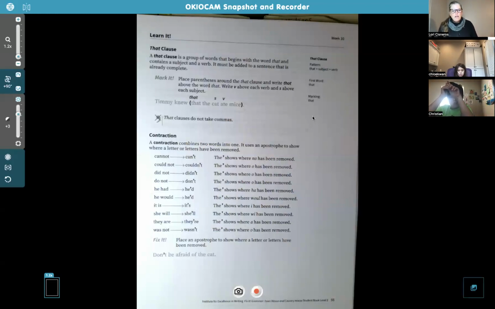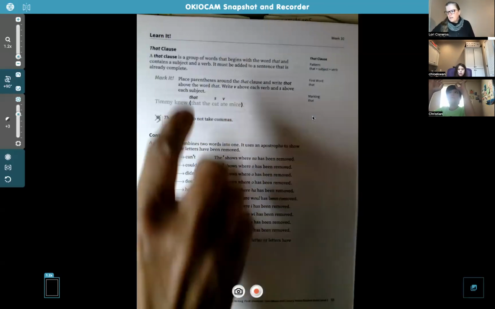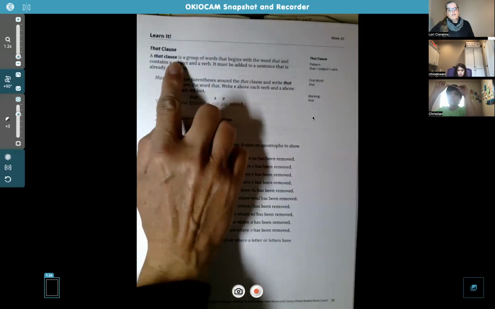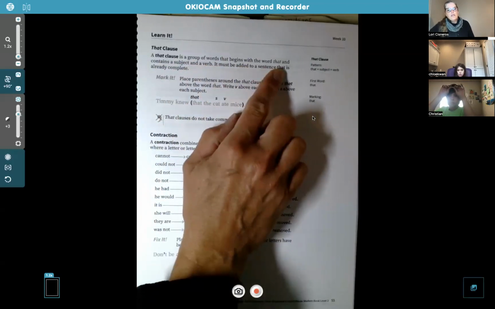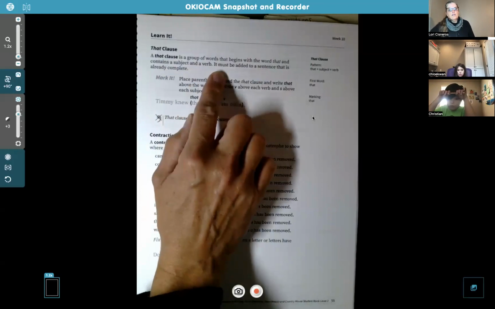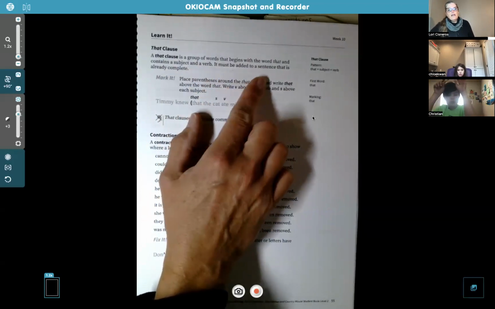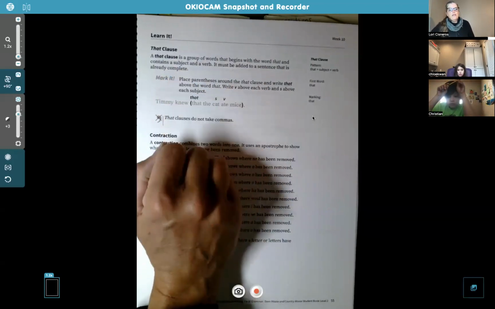So if you think about like the prepositional phrase, that does not have a verb, but all the clauses do. So this is like a because clause or a who, which clause. This one's called that clause. It's a group of words that begin with the word that and contains a subject and a verb. It must be added to a sentence that is already complete.